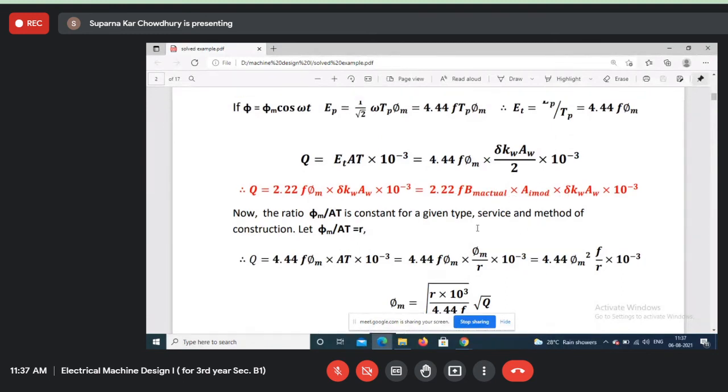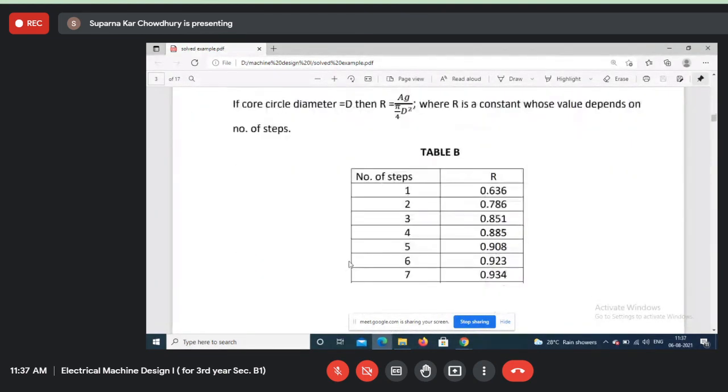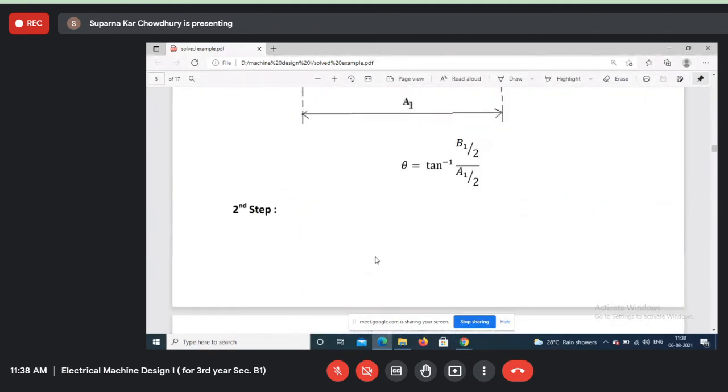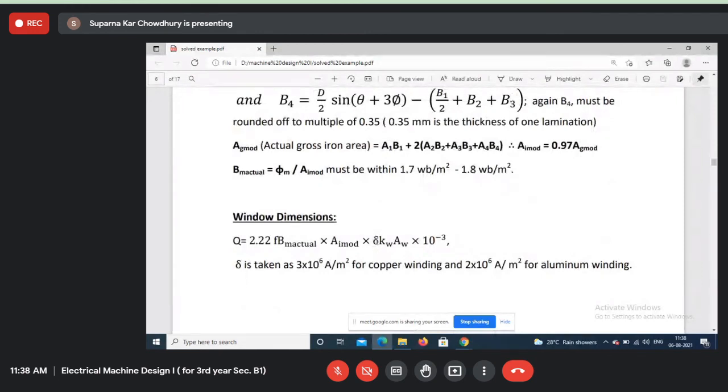So delta, what? No, we have written delta. Now in this equation, if we know this is given in the problem, Bm actual we have calculated, Ai modified we have calculated, delta is the current density.